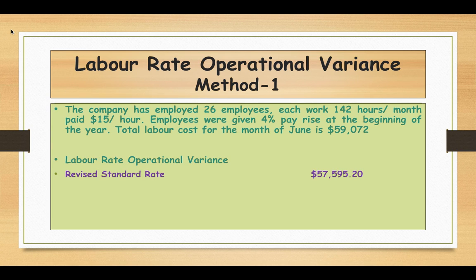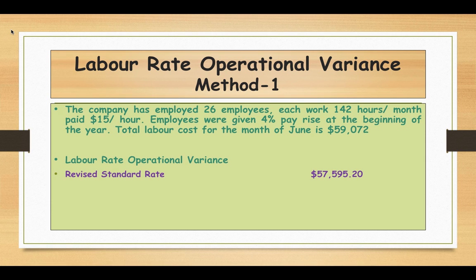So we'll calculate the labor rate operational variance using method 1. For the standard rate, we must use the revised rate, which is $15 per hour times 1.04. So that's the pay rise. $15 times 1.04 is $15.60. So that's our new standard rate. $15.60 times 142 hours times 26 employees.